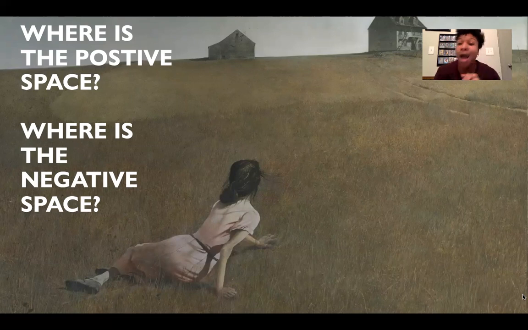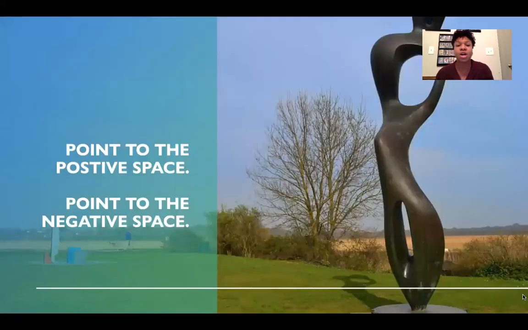All right, now I want you to tell me, where is negative space being used? I'm going to give you 10 seconds. Remember, negative space, that space that's all around. 10, 9, 8, 7, 6, 5, 4, 3, 2, 1. All right, great job, guys.